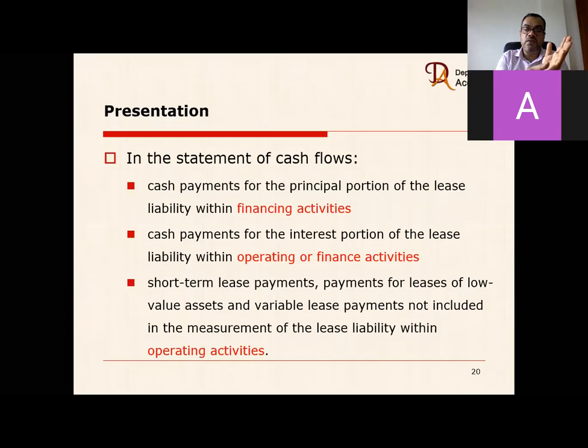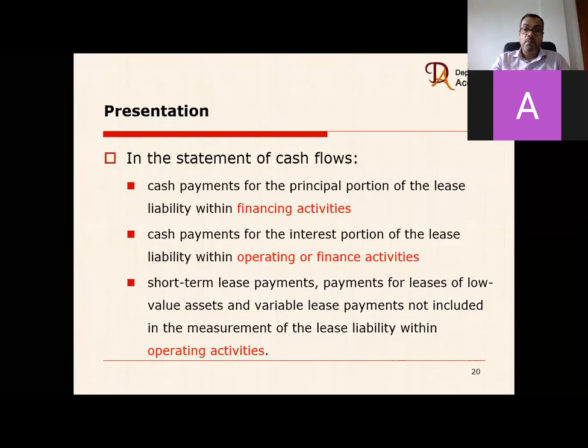Actually, the liability lies with the capital portion and not with the interest. So item number one talks about this capital portion. Capital portion is a financing activity, of course. It's not a simple outright purchase. Therefore, out of the 60,000, assume that 50,000 is the capital component, and 50,000 is shown under financing activity.